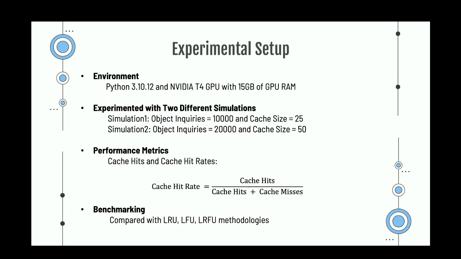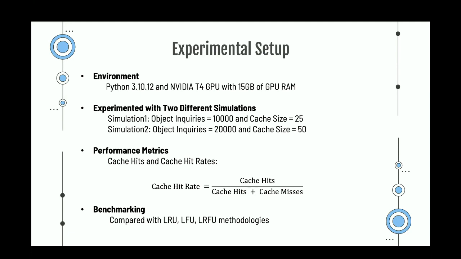Here's the experimental setup. We used Python 3.10.12, and we trained this on a T4 GPU with 15 GB of GPU RAM. We experimented in two different simulations. Simulation 1 contained cache inquiries of 10,000, and the cache size was 25. In simulation 2, we doubled the number of inquiries and the cache size.